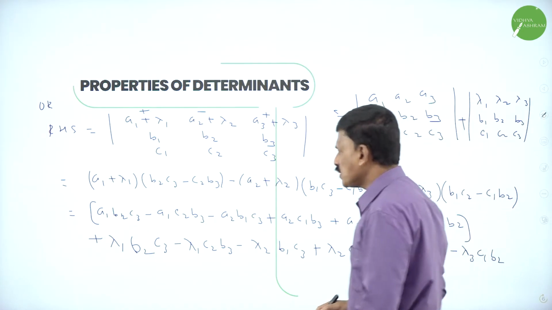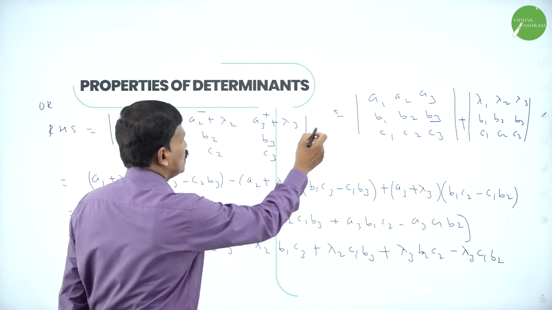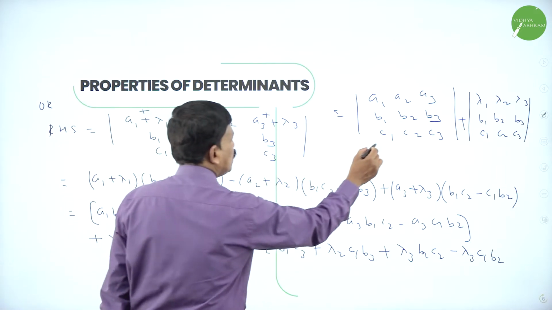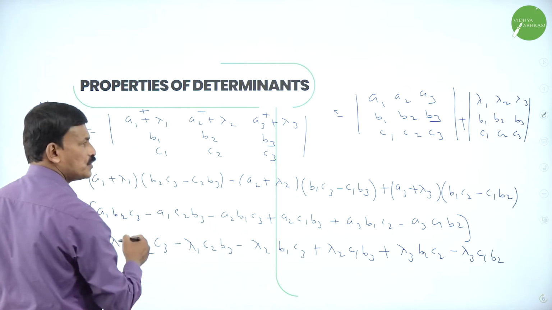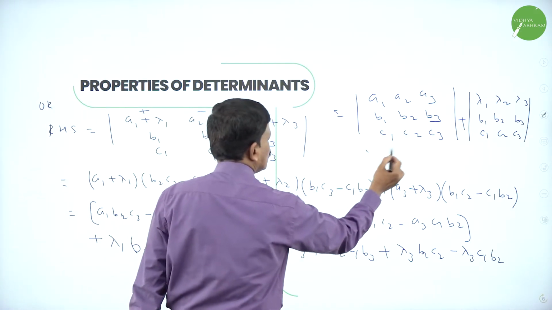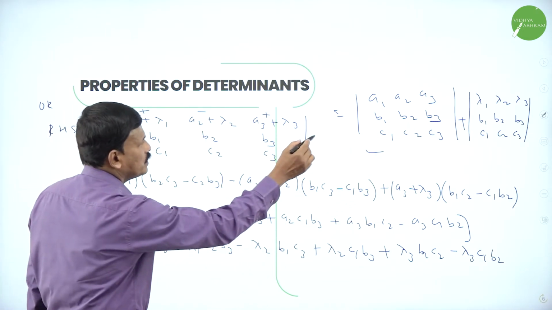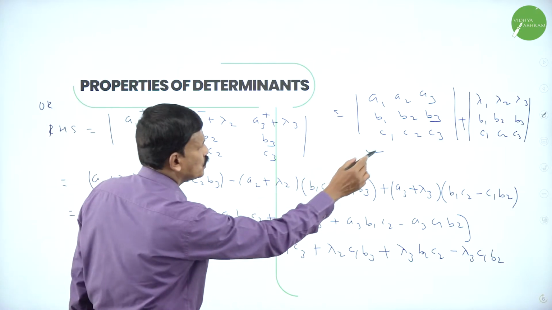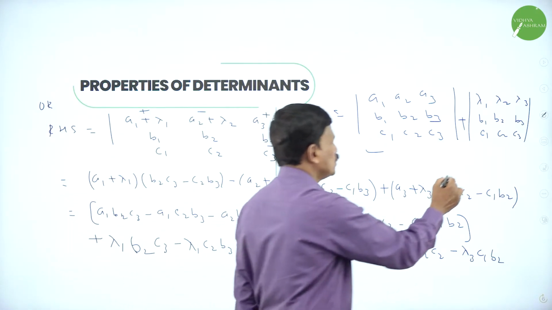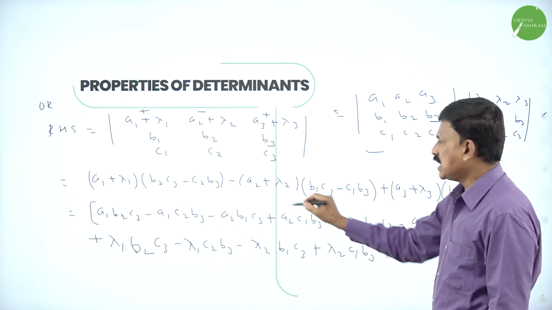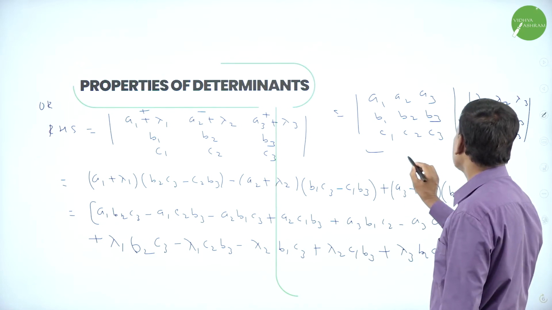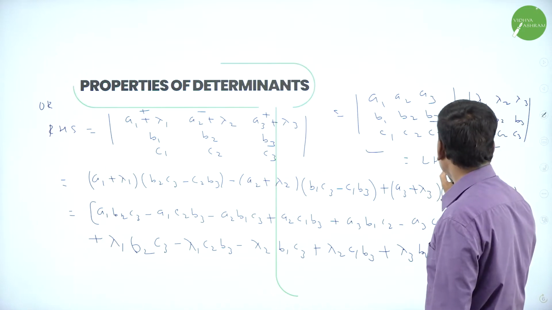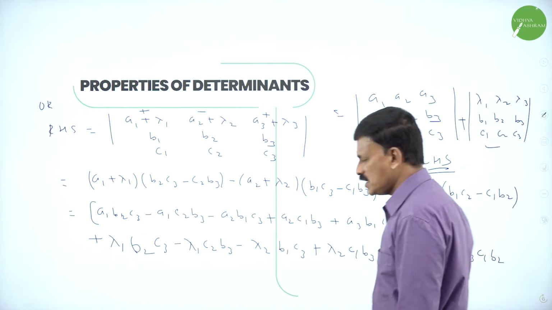You will get this. See, observe carefully. If we expand, A1 into B2 C3 minus A1 into C2 B3, this is correct. Next, come to this. Expand this, lambda 1 into B2 C3 minus lambda 1 into C2 B3. This is also correct. So therefore, this can be expressed as the sum of two individual determinants. So therefore, this is your required LHS. That's all. This is the easiest method.